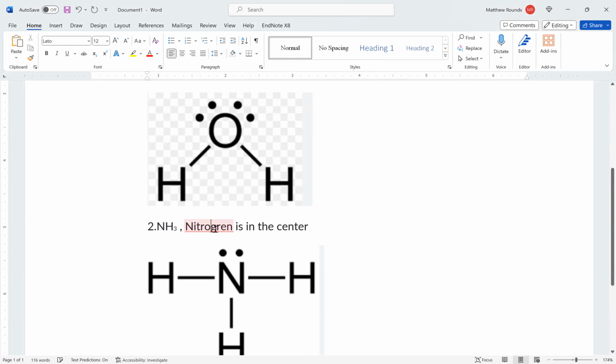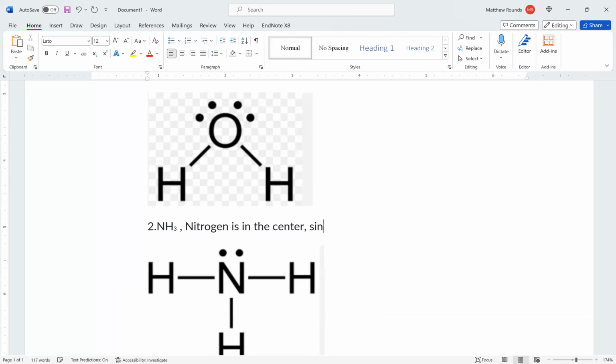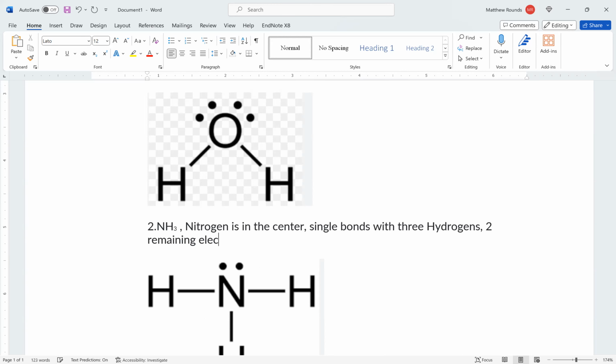And then you can say it's single bonds with three hydrogens. So you can talk about center, the single or double bonding, which we'll see in a moment, two remaining electrons on the nitrogen. That's what the dots are.